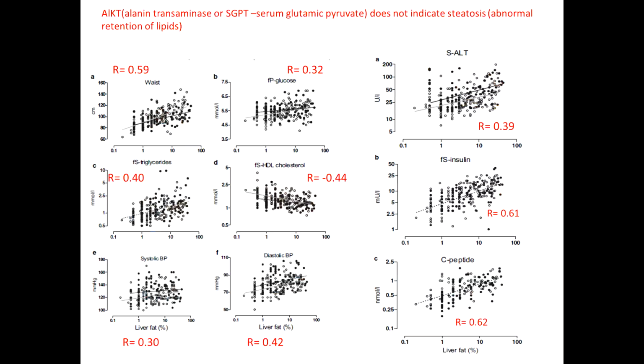Now, this is part of this paper, and I just wanted to point out a couple things because we have a tendency to look at SGPT, etc., to determine whether or not somebody has liver dysfunction. And as you can see at the top, it says ALT or SGPT, which are the biomarkers for liver function, does not indicate steatosis, which means fatty liver.